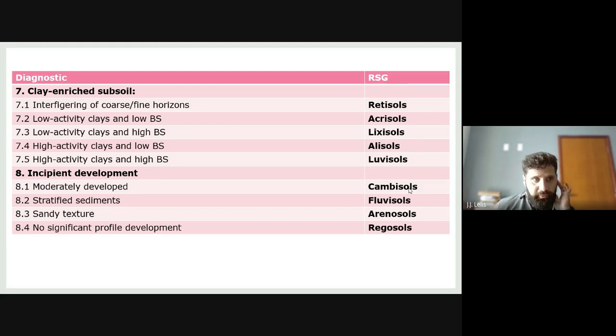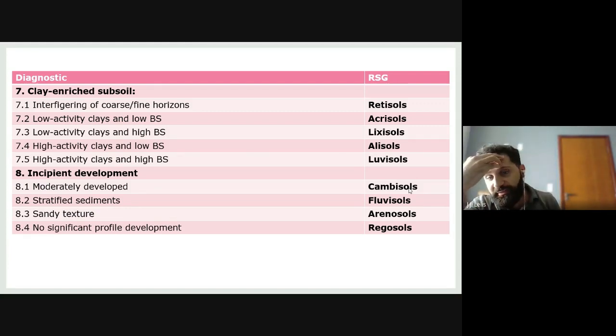We also can see some soils that have low activity clay, but they present a high base saturation. It's because the weather is not so wet, so we don't have too much rain, and we can keep some of the nutrients, and because of that, we have a soil that possesses a high base saturation.